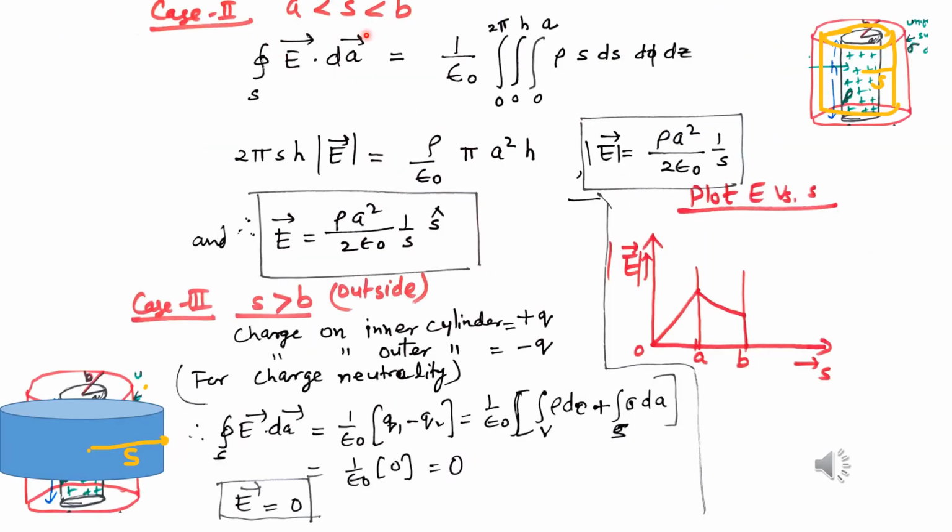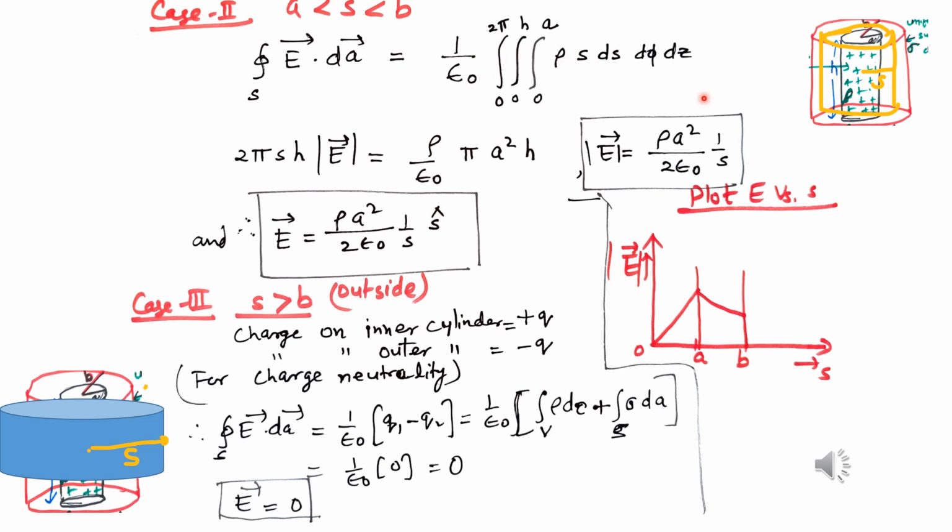Now the second case is when the point is between small a and small b. So now we have to draw the Gaussian surface at some inner point. Suppose point P is here, so make a Gaussian surface here. Suppose this yellow cylinder is the Gaussian surface, and we use the closed integral of E dot dA equal to 1 upon epsilon naught Q enclosed.